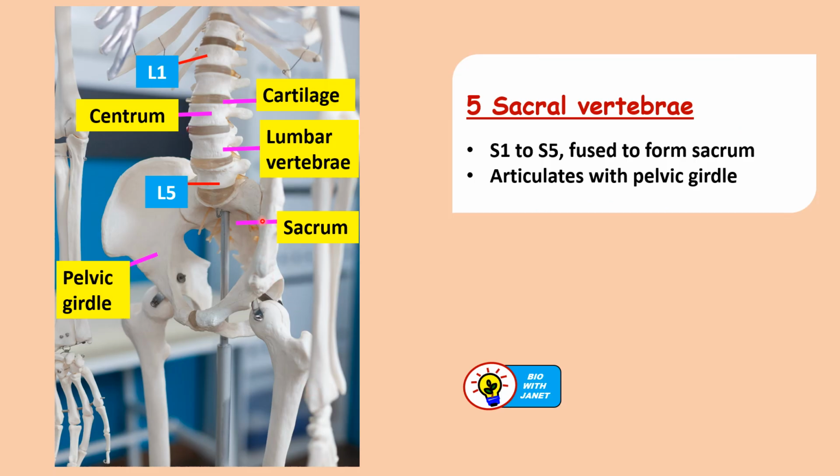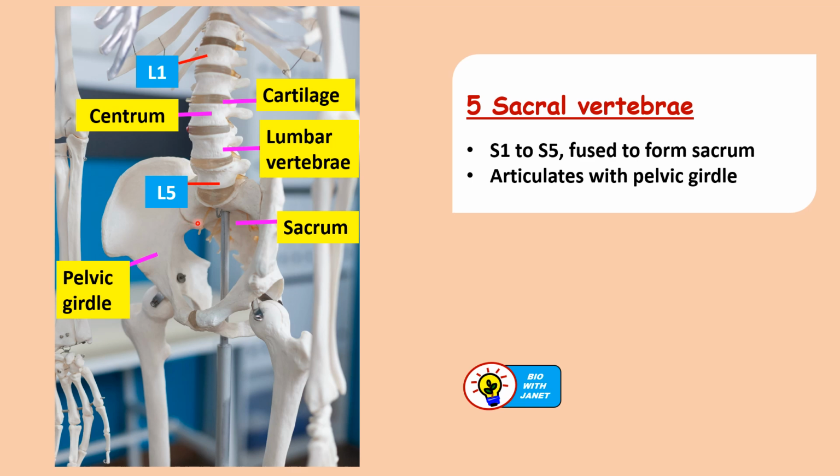So this model of the human skeleton shows you the sacrum here in the back part of the body, the lower back, and it is joined to the pelvic girdle that curves downwards like that.